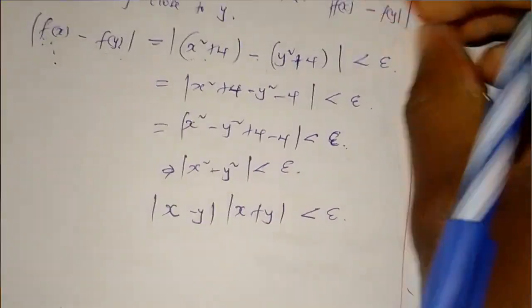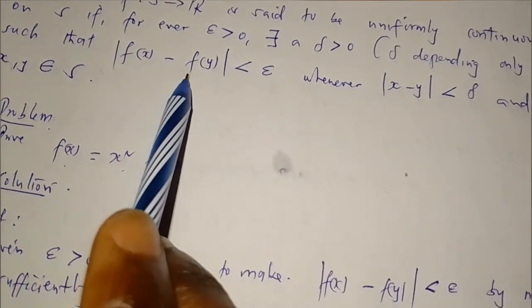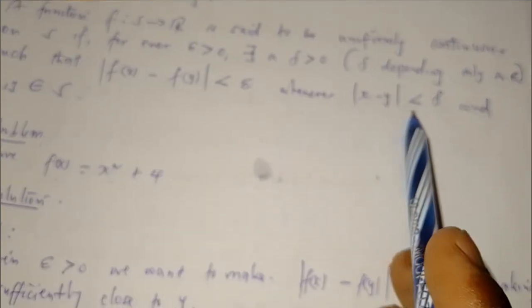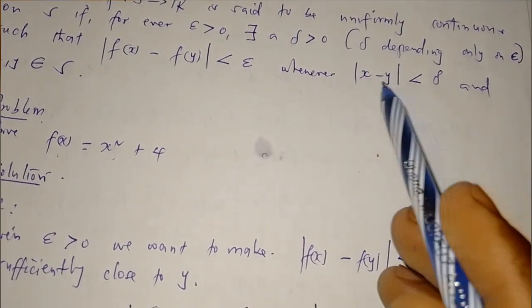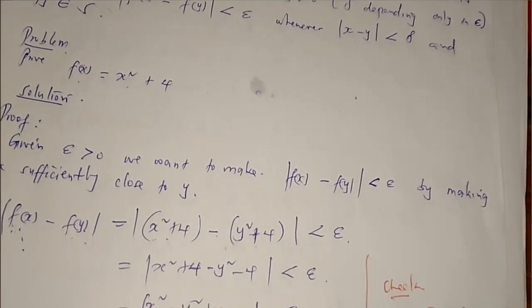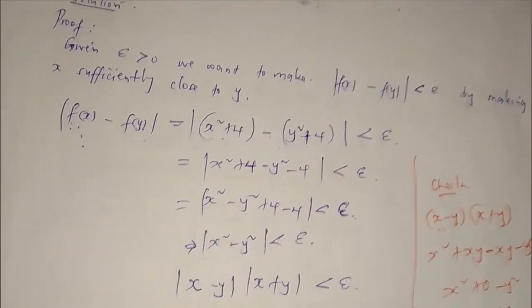Remember, in the definition, I said that |f(x) minus f(y)|, as you have seen here, is less than epsilon whenever |x minus y| is less than delta. So we have to remain with |x minus y| on the left hand side.